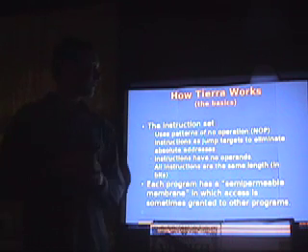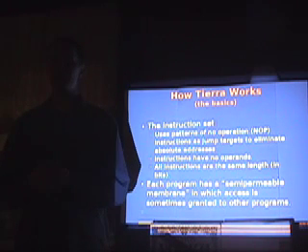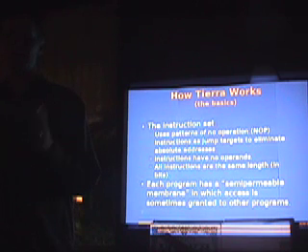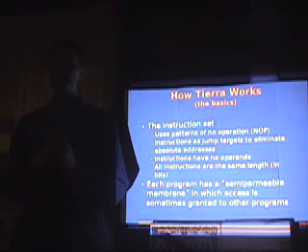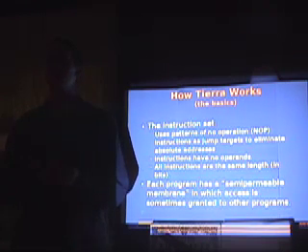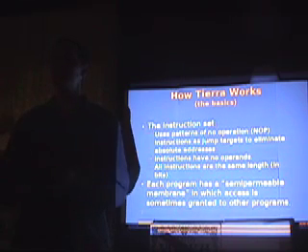Now, typically in a computer instruction set for a processor like the x86, you will have an instruction like jump, and then there will be a number afterwards, which will specify where the instruction will jump to. So you'll have a jump instruction which says something like, jump forward 550 bytes.